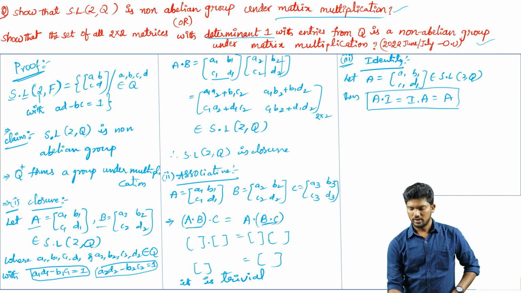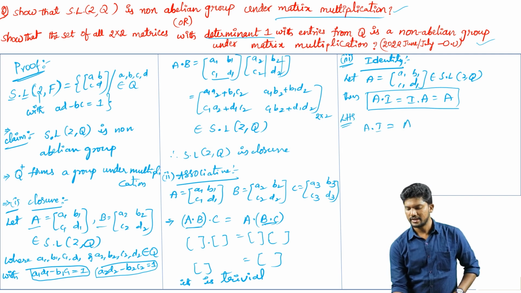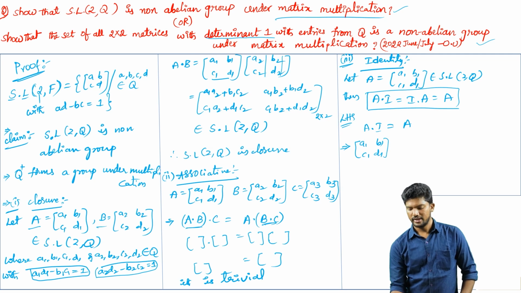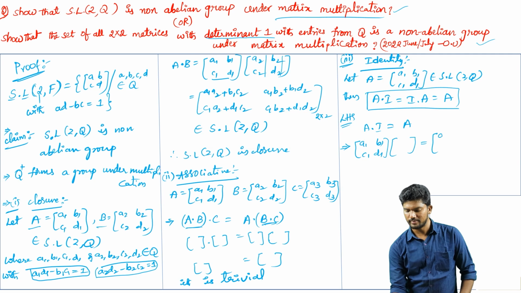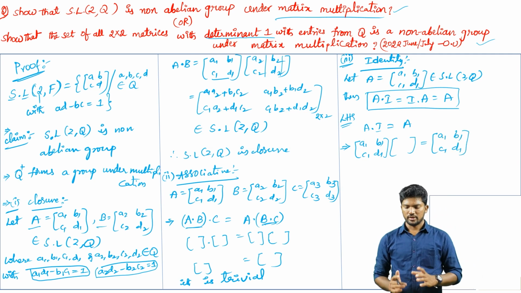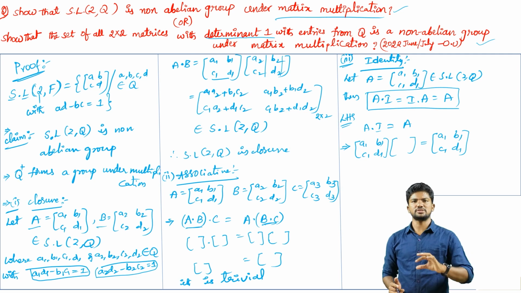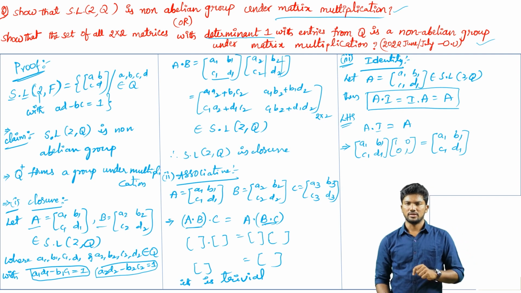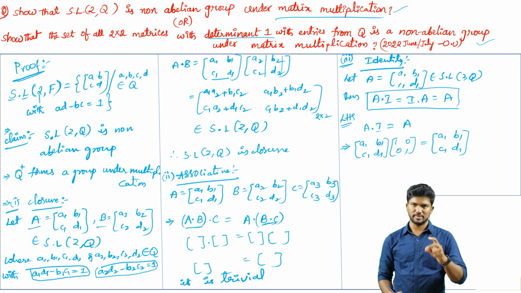Now I am taking the LHS, A into I is equal to capital A. Substituting the value of A, A1 B1 C1 D1 into, we don't know the identity matrix, but in the RHS we have capital A again, A1 B1 C1 D1. If you think logically, the only possible matrix here is the identity matrix. In place of capital I, we have only 1 0 0 1, which is the identity matrix of this special linear group.